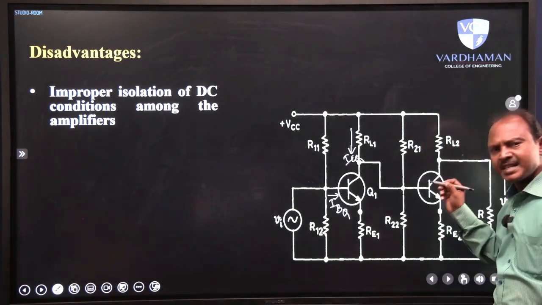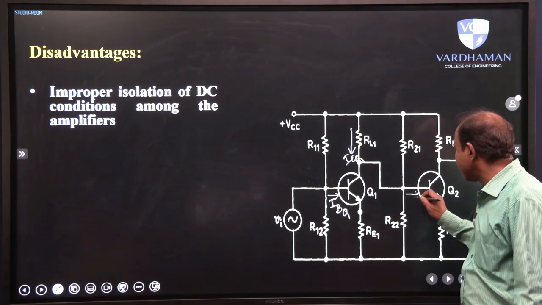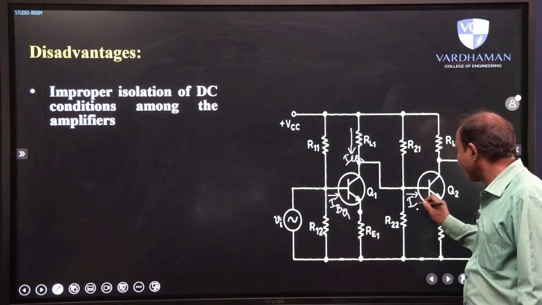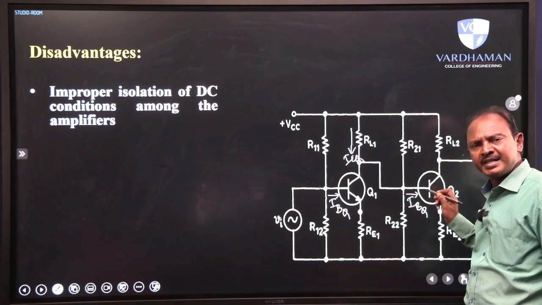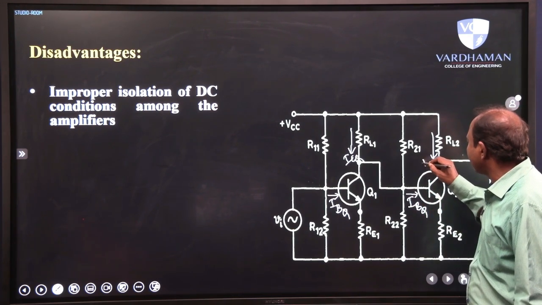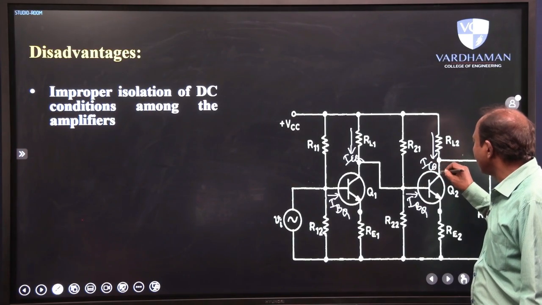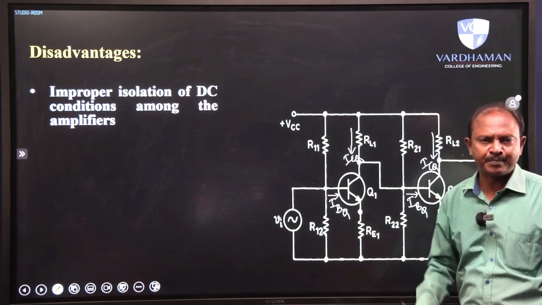Similarly, for the second stage, the same story: we maintain a certain amount of DC base current, depending upon the specifications of the BJT, and a certain amount of collector current, which is at the operating point.